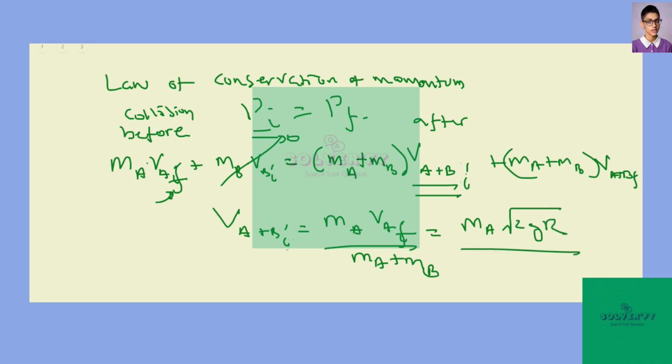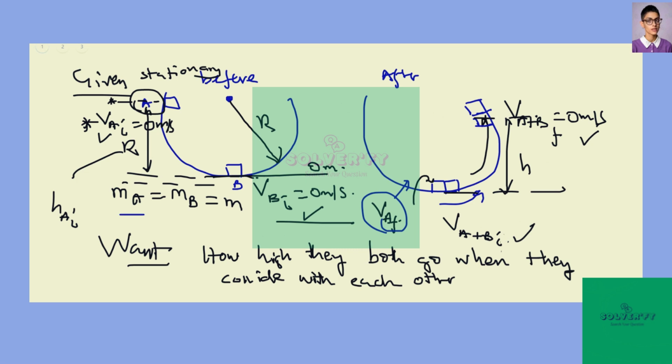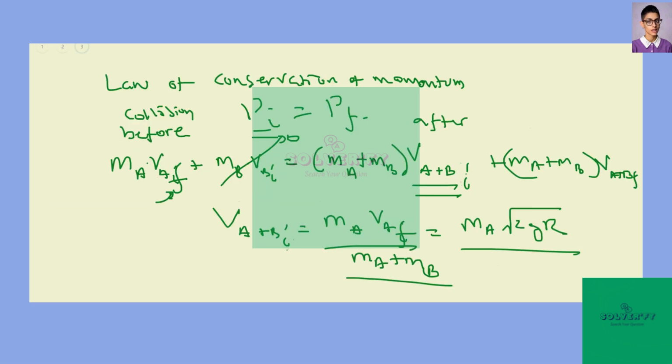And then we're dividing that by MA plus MB. But if you can recall, MA and MB are equal to M. So this is just 2M. Also, since MA equals M, we can replace that with M, and these two are going to cancel out.